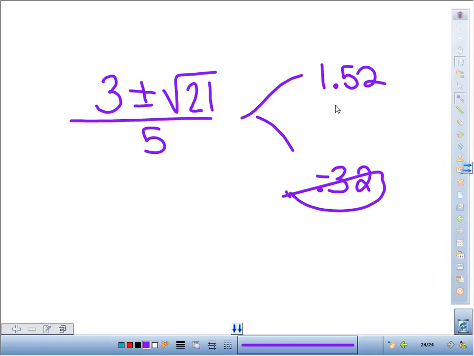My thing's acting up. Did you get that? 1.52 and negative 0.32. If not, let me know so I can look and see what you're doing.